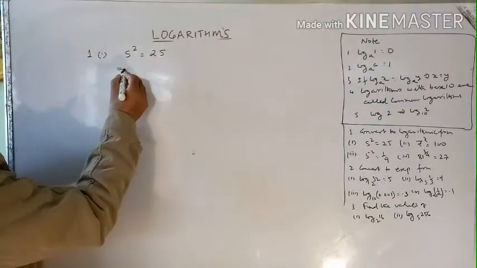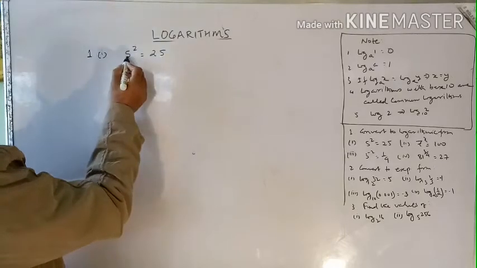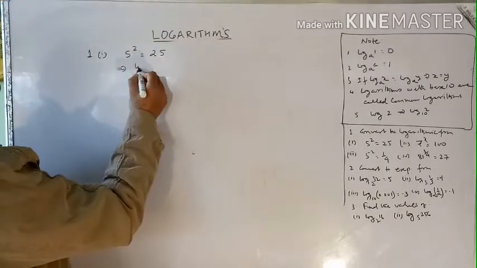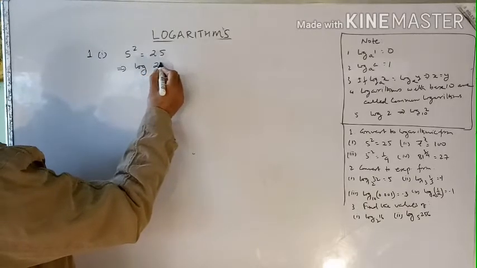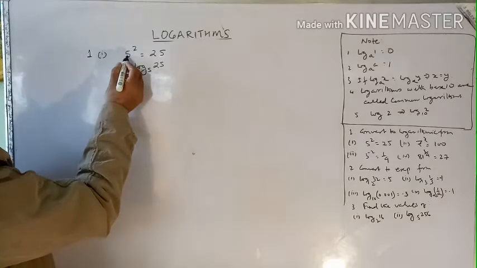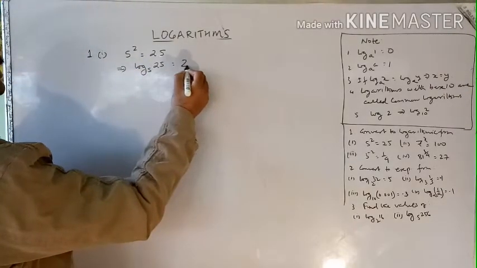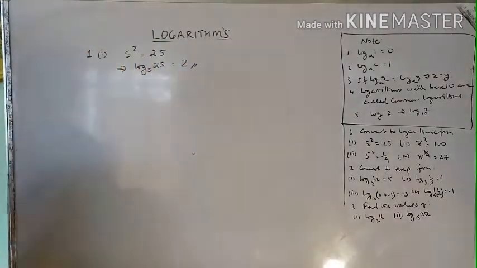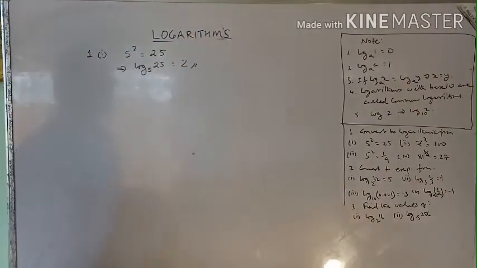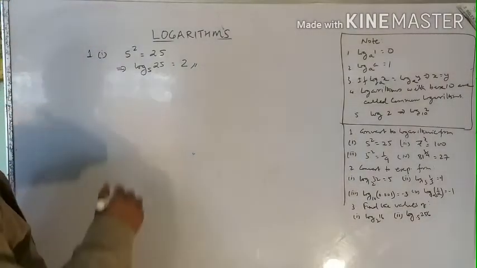This implies log of 25 to the base 5 is 2. The exponent is the logarithm. Remember, the base of the log and the base of the exponential form must be the same. So log of 25 to the base 5 is equal to 2. This is how we convert into logarithmic form.